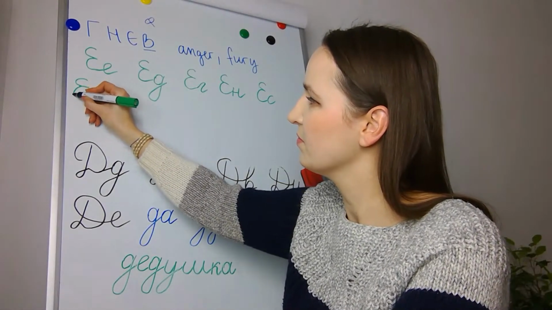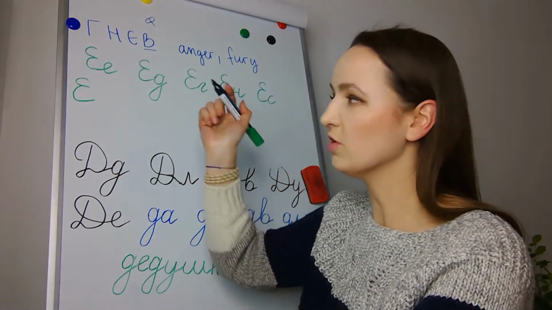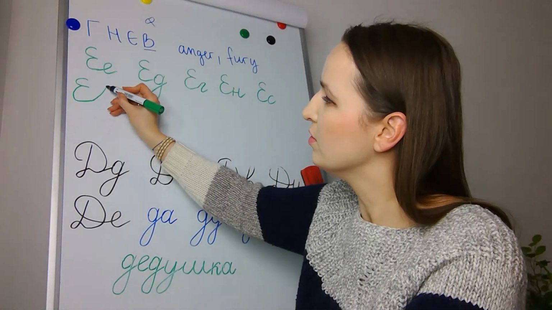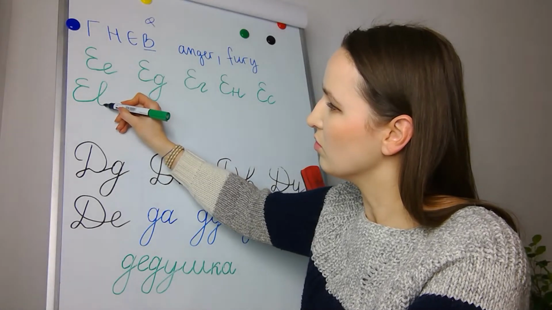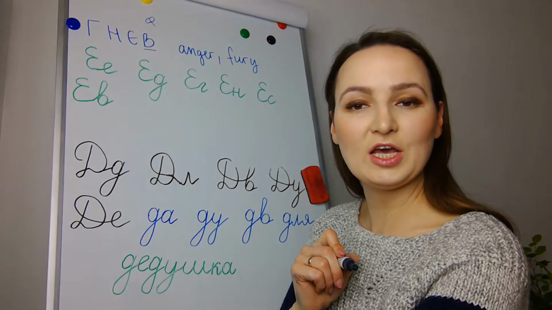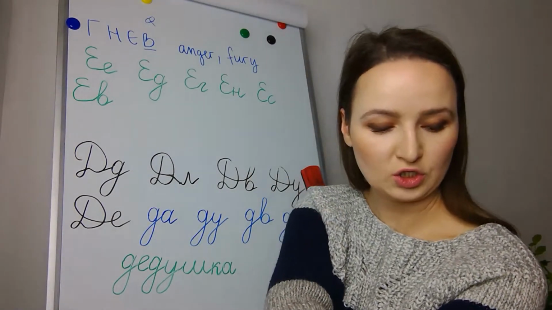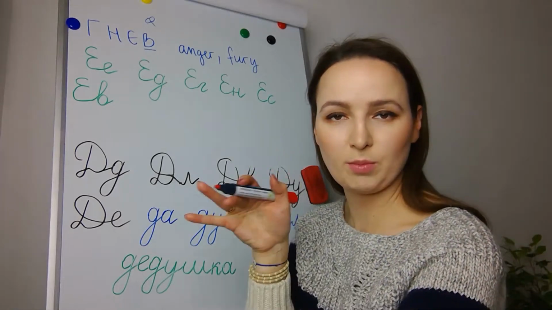V. Go up and down. Yev. And create a connection. Yev. Очень хорошо. Now let's continue with small letters.